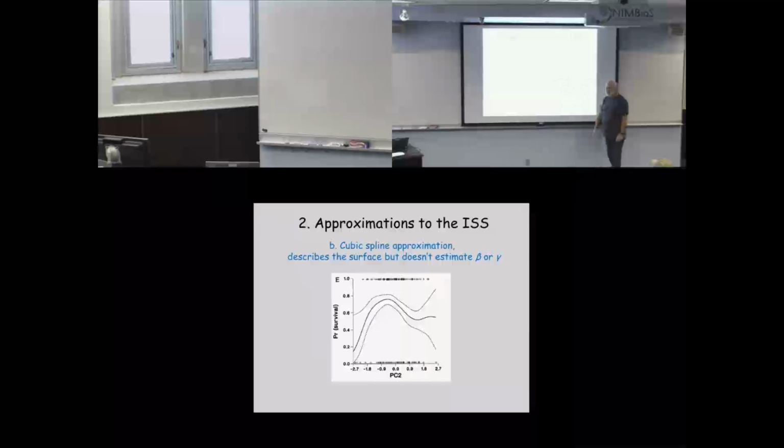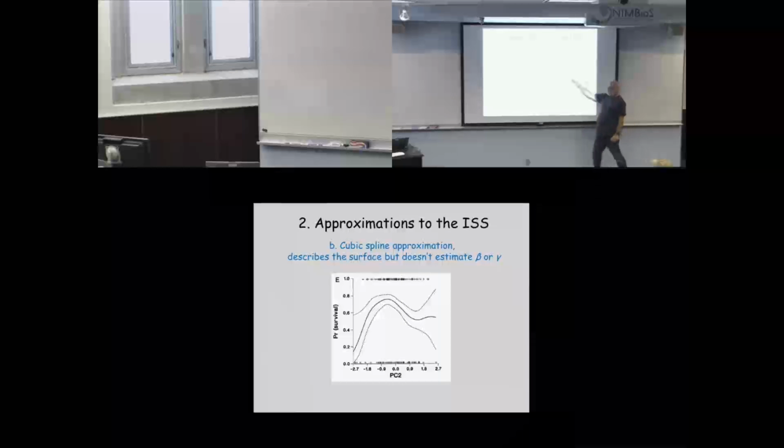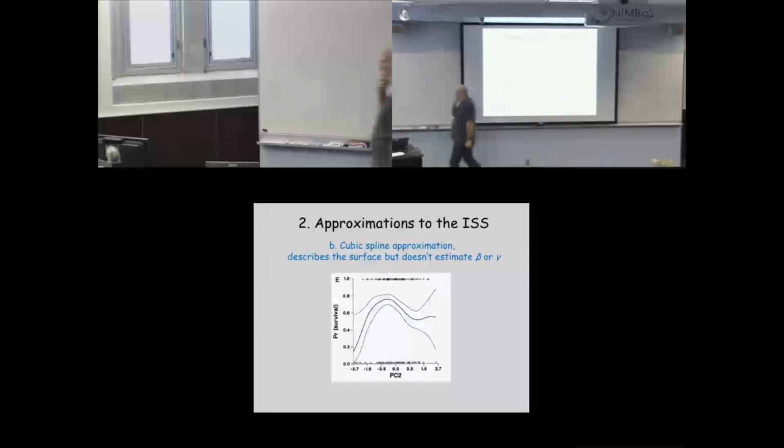That might or might not be true. Okay, so this gives you a more realistic approximation of the surface, but you can't use it to estimate the parameters, right? So if you're interested in both, maybe do a cubic spline or some higher order function, but if you're interested in beta and gamma, you still want to do the linear and quadratic approximation to estimate the parameters of selection.